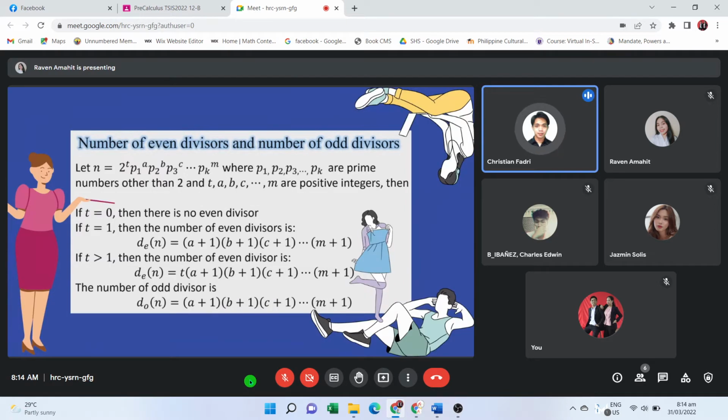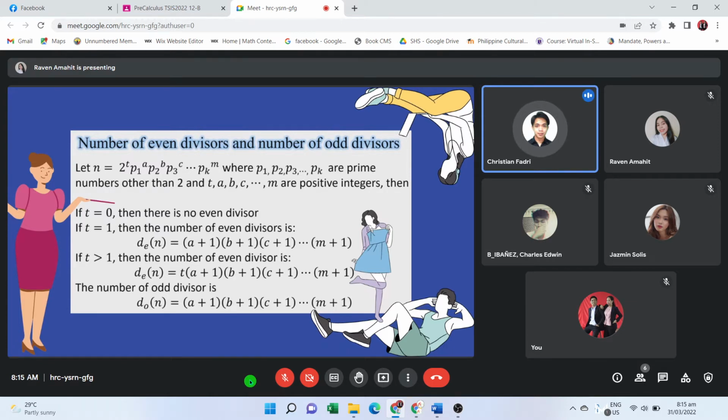So how about the number of even divisors and the number of odd divisors? Let n equal 2 raised to t times p sub 1 raised to a times p sub 2 raised to b times p sub 3 raised to c, and the pattern continues until p sub k raised to m, where p sub 1, p sub 2, p sub 3 until p sub k are prime numbers other than 2 and t, a, b, c, until m are positive integers.